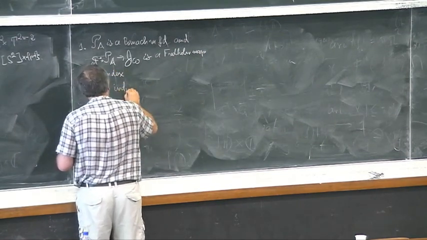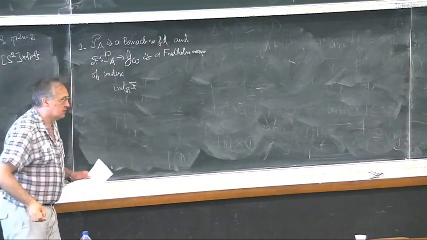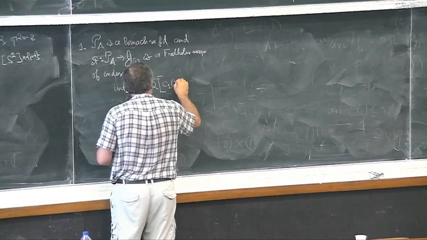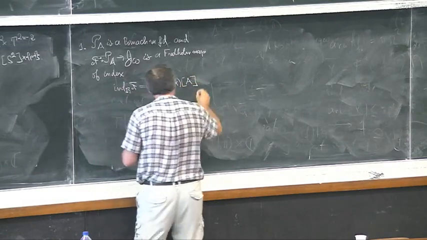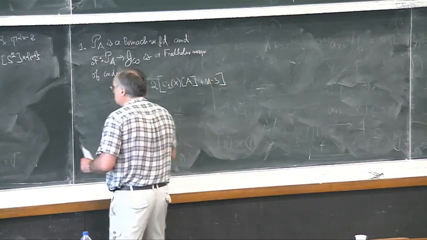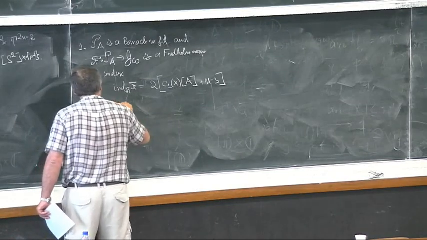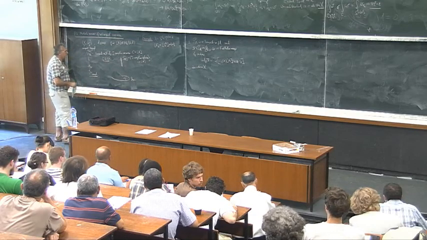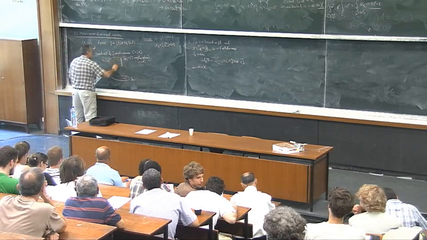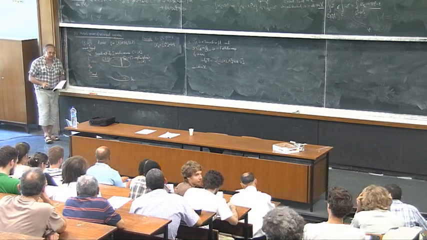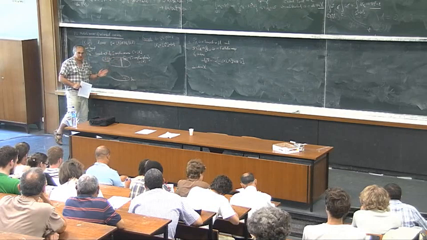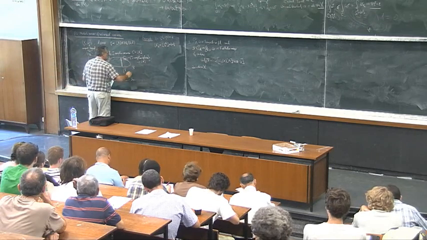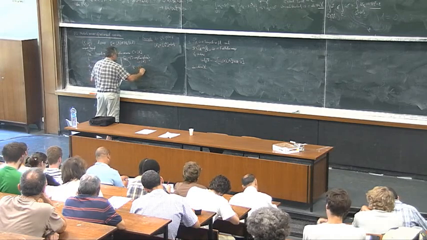So the index of this, everything is real in fact, is 2 times the first Chern class of X evaluated on the homology class A plus n minus 3, where 2n is the dimension of X. So all these guys form a manifold, even if some slices are not manifolds.